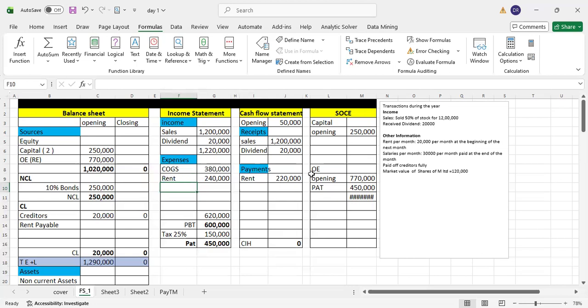Expense not paid is a liability. There was no liability in the beginning. The current rent is 240,000 and the rent paid is 220,000. So there is a liability to the extent of 20,000 appearing.